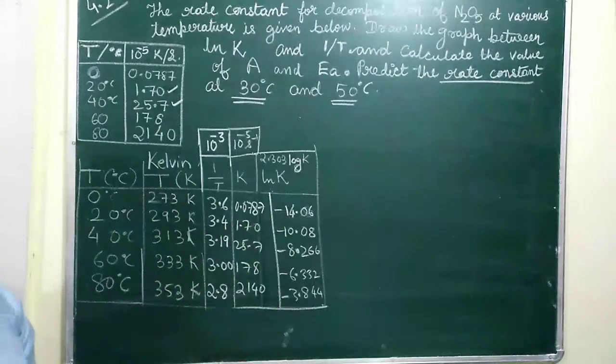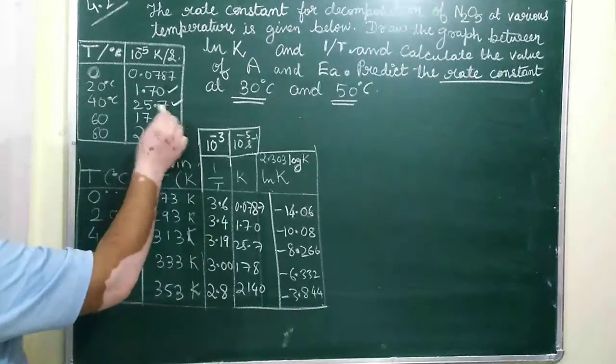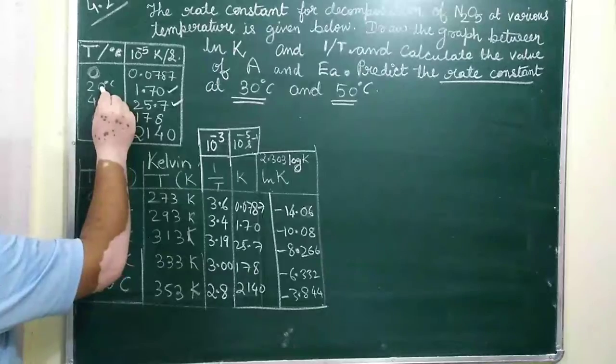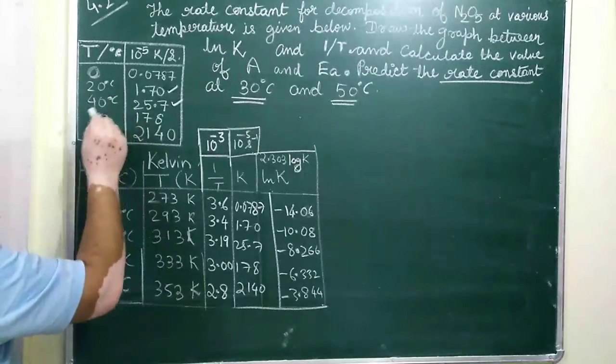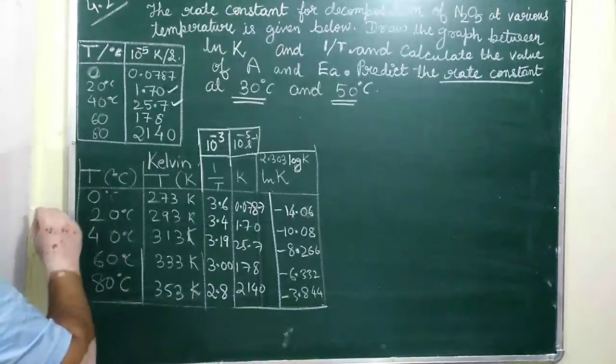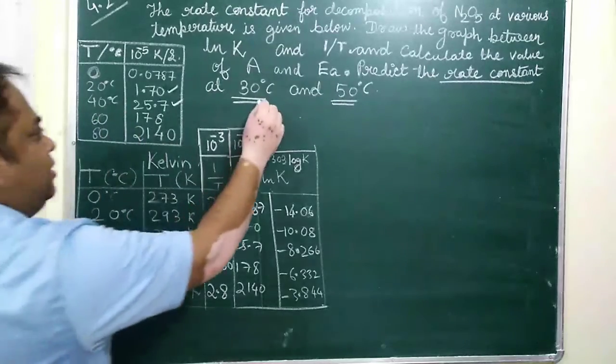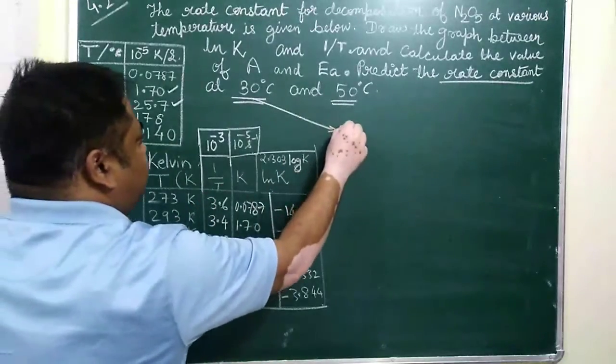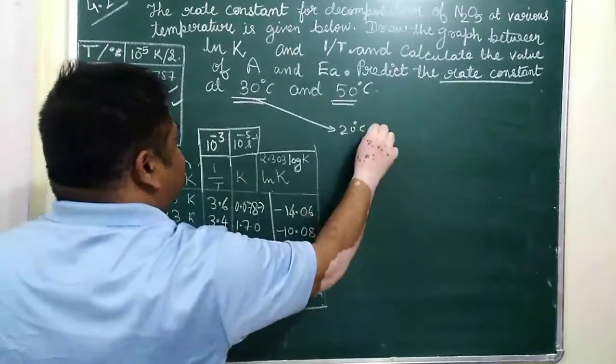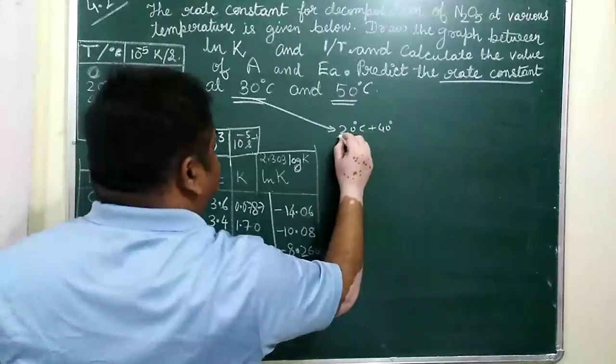Now can't you predict what will be the central tendency of this data? This 30 degrees C is nothing but 20 degrees C plus 40 degrees C divided by 2.